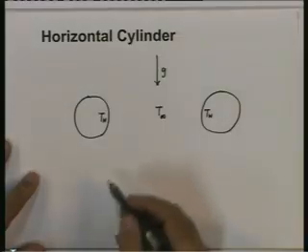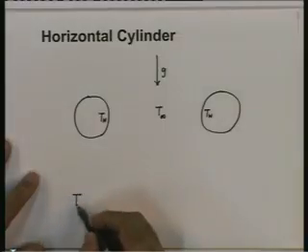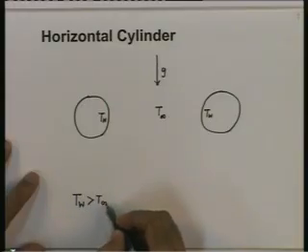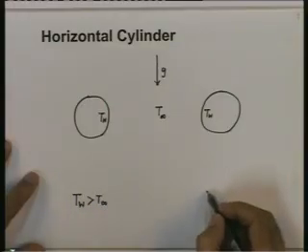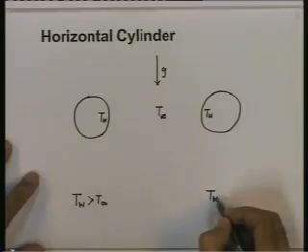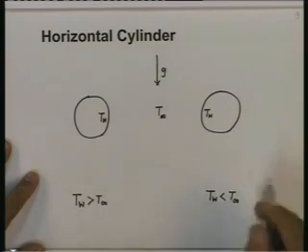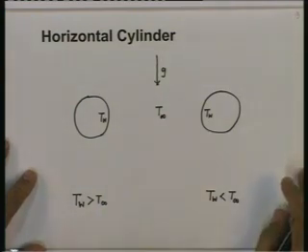In one case, let us assume that the wall temperature is higher than the free stream temperature. In the other case, assume that the wall temperature is lower than the bulk temperature of the fluid to which it is exposed.